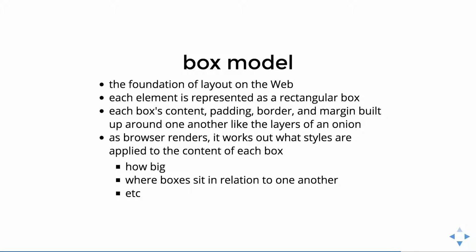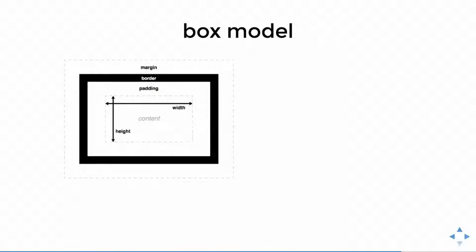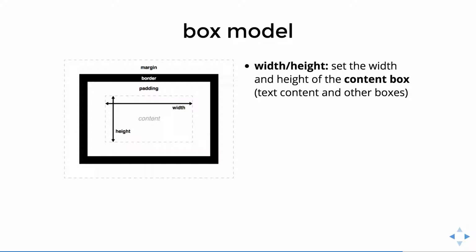As the browser renders, it goes through all those layers, determining how big something should be, positioning with other elements, all that kind of stuff. There are basically these fundamental parts to the box model. You have your width and height. By default, that only sets, who's been frustrated with this in the past?